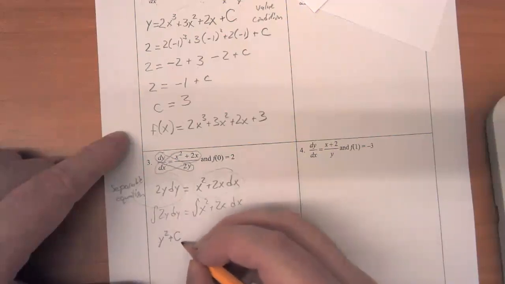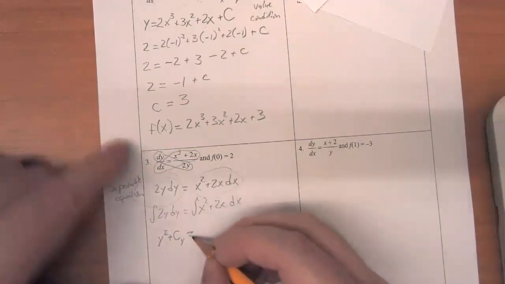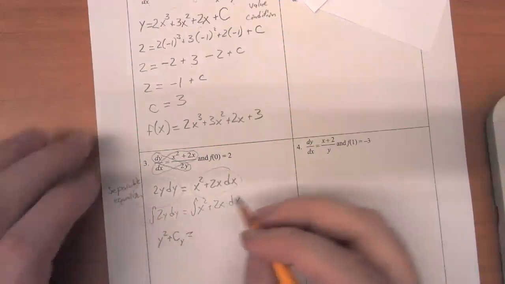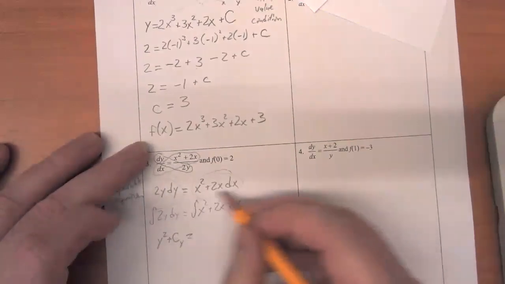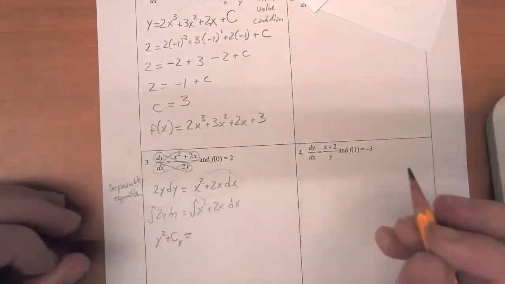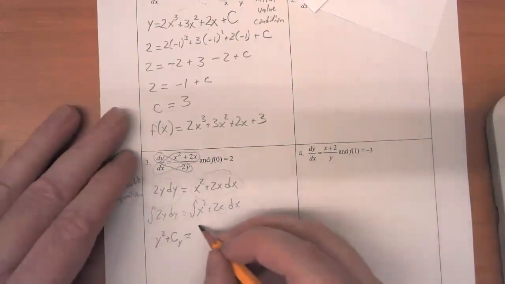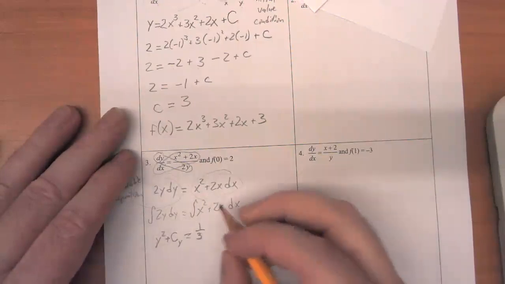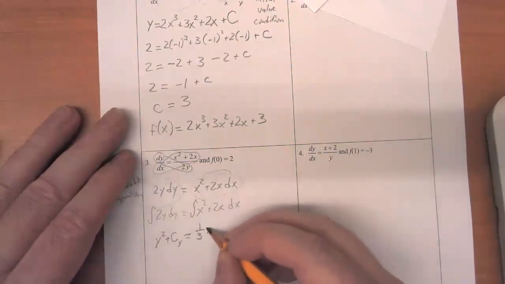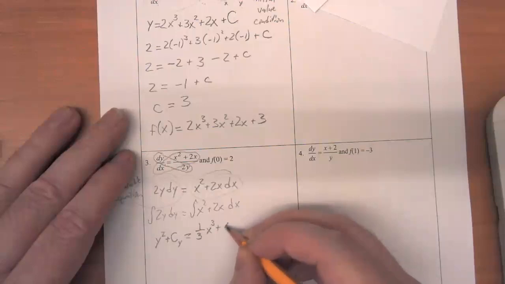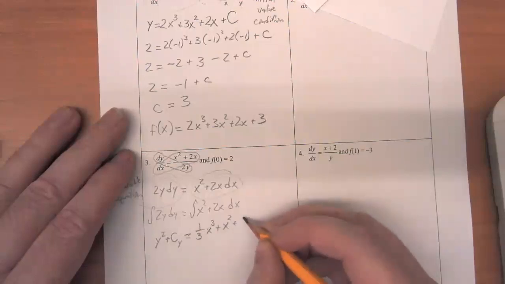So I'm going to say c, I'm going to write a little subscript y down here, just to remind me that this is the constant with y. And over here, I'm going to do the same thing. So what's the antiderivative of this with respect to x? Once again, every step going along the same way. So that's 1/3 x cubed plus x squared plus c, and I'll call that cx.